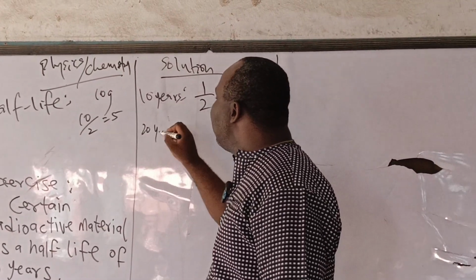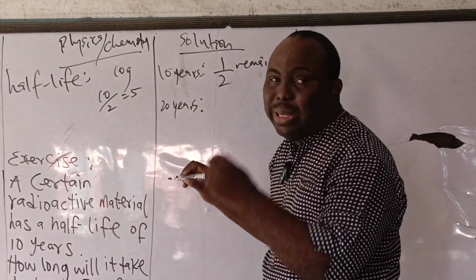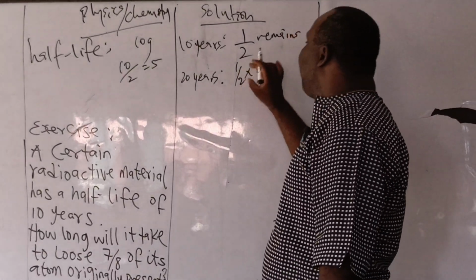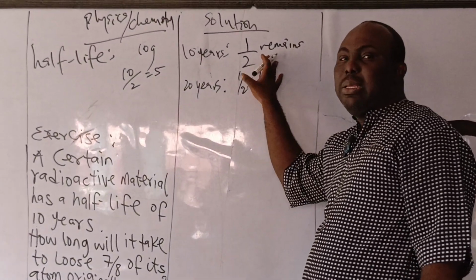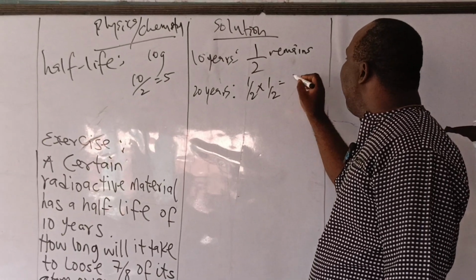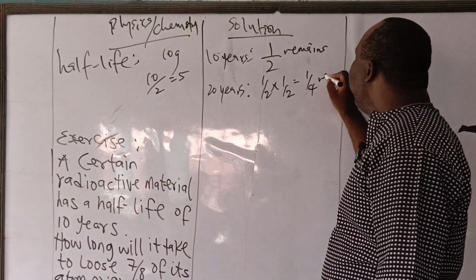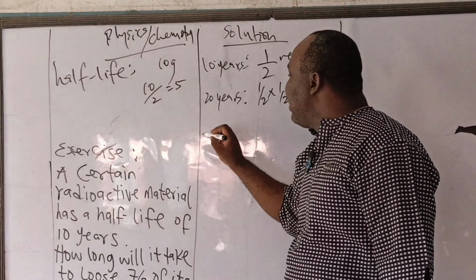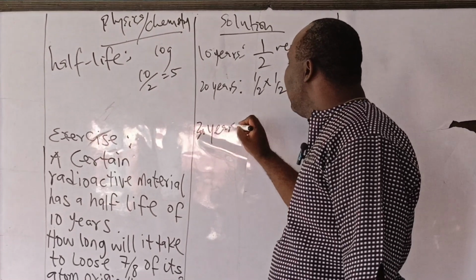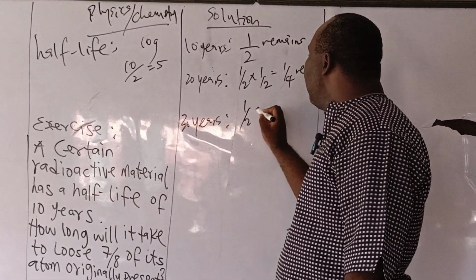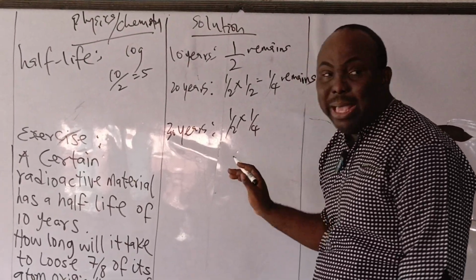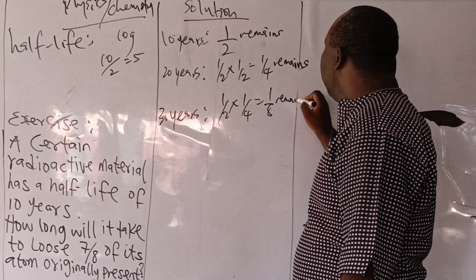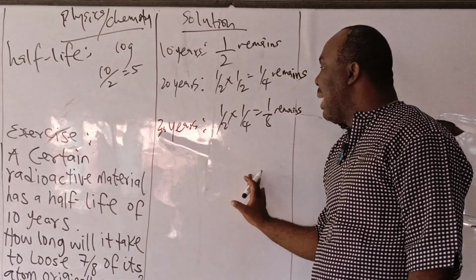Therefore, in 20 years, the one that will remain is 1/2 times 1/2, that's half of the one that remained previously, which is 1/4. In 30 years, we'll have 1/2 times 1/4, which is 1/8 remaining. This is the one that remains in 30 years.